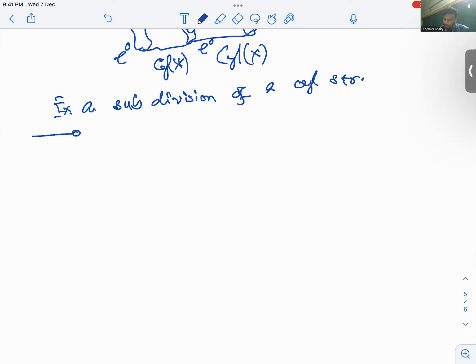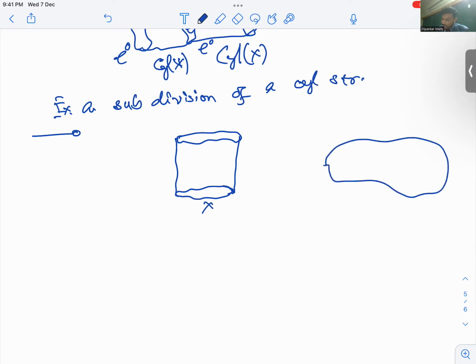If X is a topological space, we are thinking of the cylinder sitting on top of X. And suppose we want a homotopy between two maps f and g from X to Y. Then given a point x, we are looking at the line sitting on top of x. So this is X cross I.